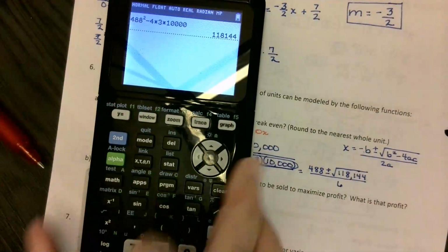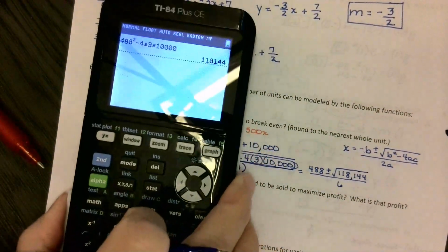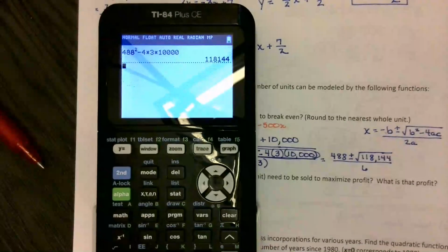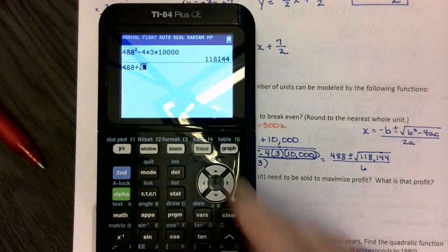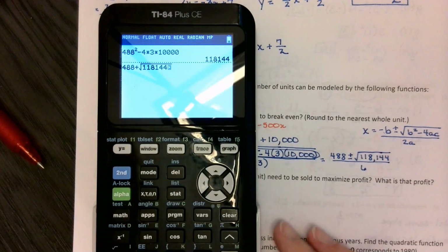So I am going to put 488 plus the square root of that big number, and I'm going to hit enter.